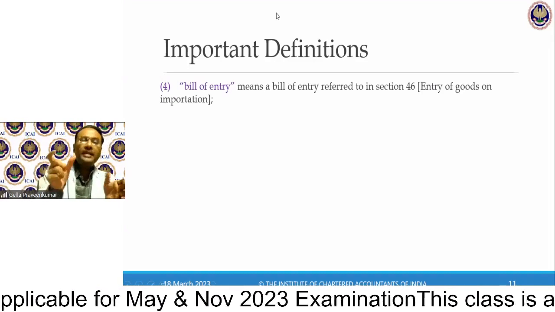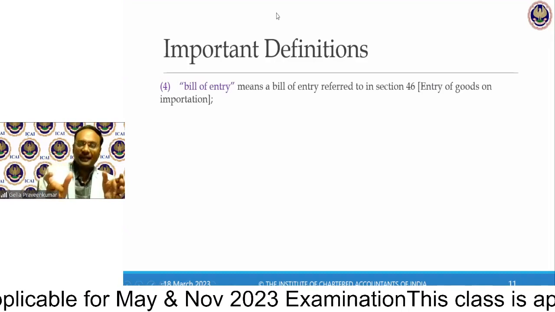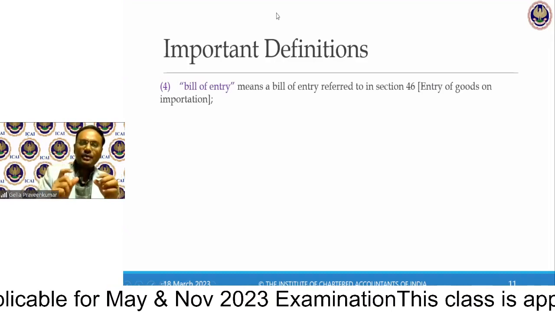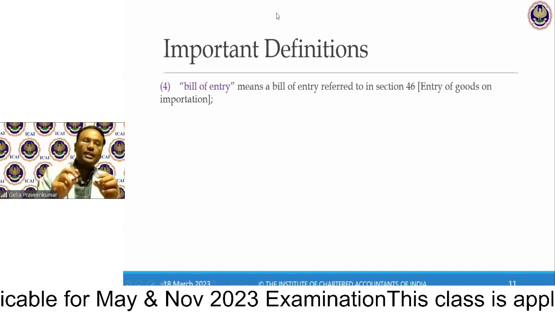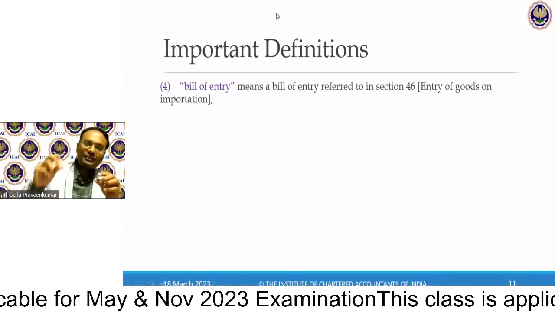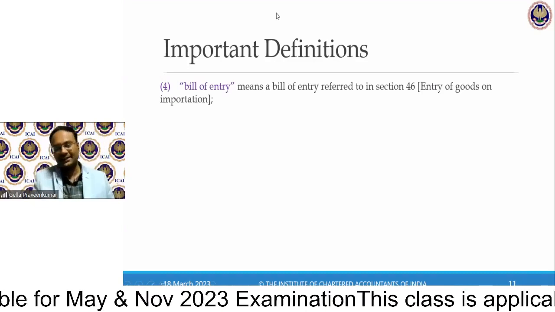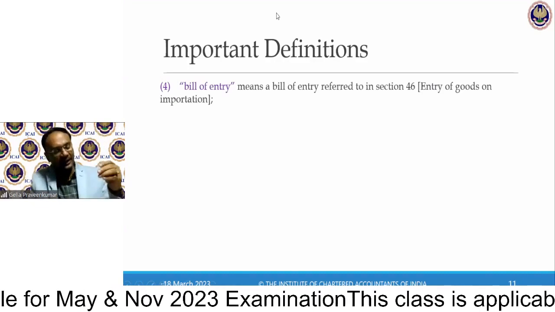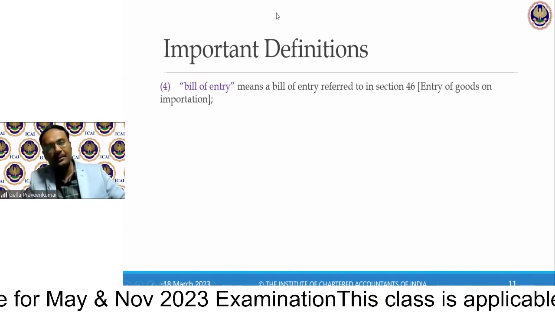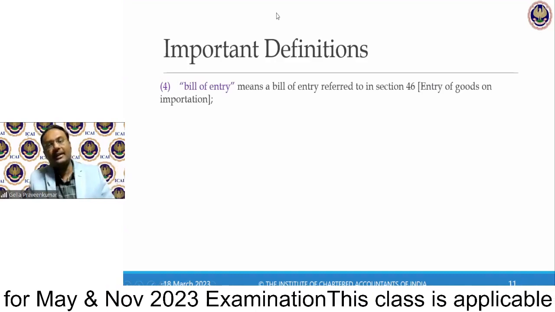For a moment, let's assume $20,000 is the freight charges. The IGST notification said that on this 20,000, again, you have to pay tax under reverse charge called IGST.